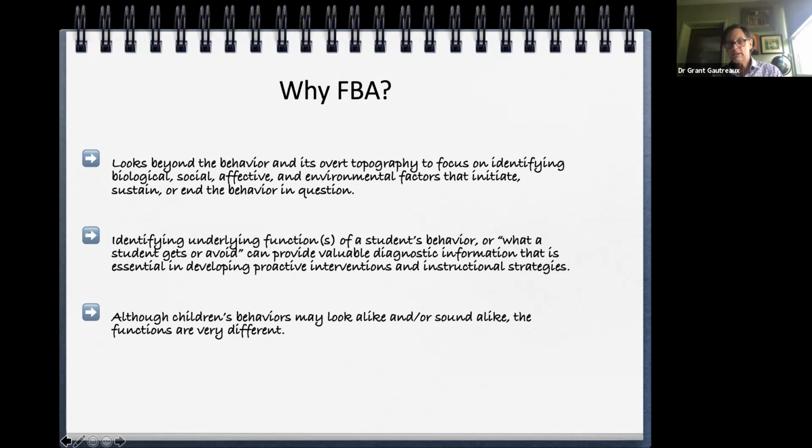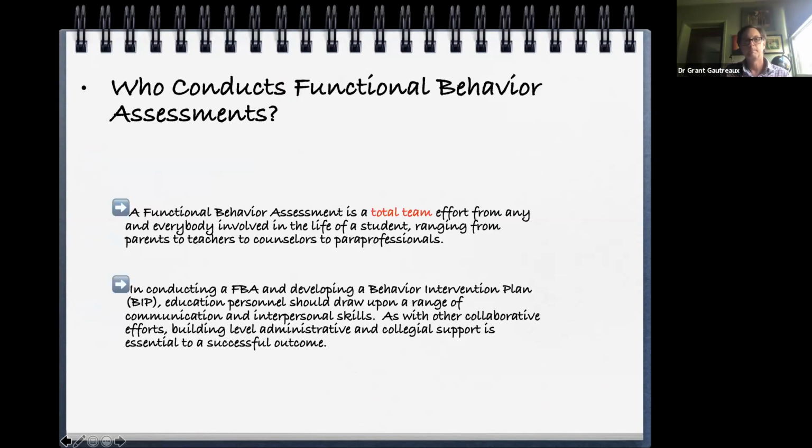And again, to tie these pieces in, sometimes behaviors may look alike or sound alike, but the functions can be quite different. And sometimes behaviors cannot look or sound alike at all, and the functions could also be the same.